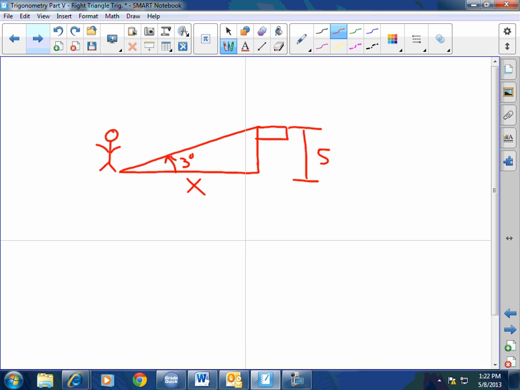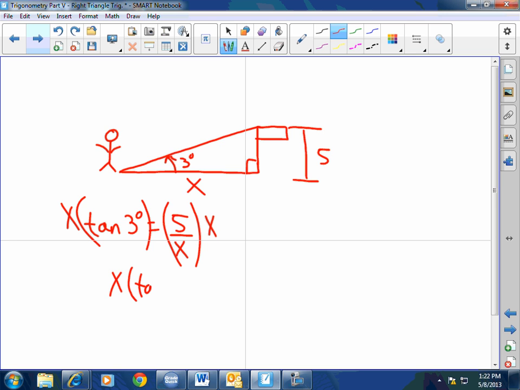What am I going to use? What trig functions can I use? Sine? No way can I use sine. Tangent you can, though. Remember, guys, you got a horizontal and a vertical. So the tangent of 3 degrees equals opposite over adjacent. Multiply both sides by x. So x times the tangent of 3 degrees equals 5, divided by the tangent of 3 degrees.